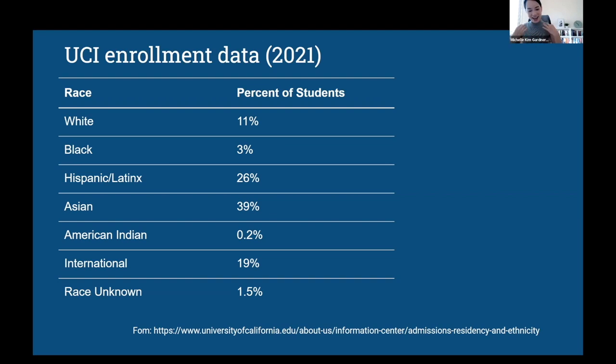We are a federally designated Hispanic serving institution, or HSI, with 26% of our students being Hispanic and or Latinx. We've got a whopping 39% of students being Asian and a much less whopping 0.2% of students being American Indian. 19% of our students are international and 1.5% are unknowns.